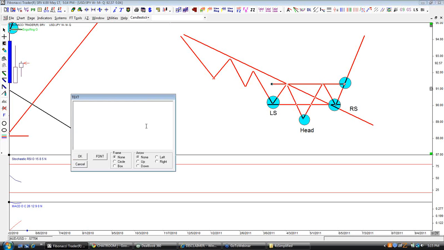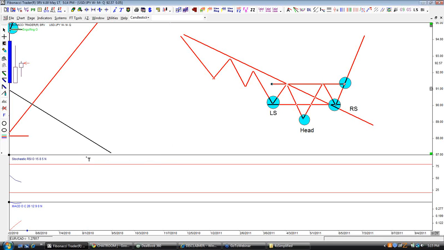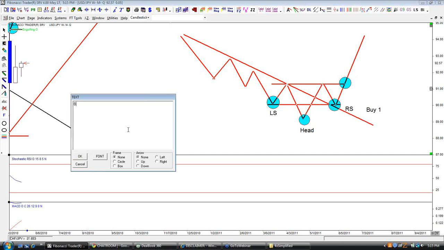So what we can have is buy one at the right shoulder, and then the second group is at the neckline.